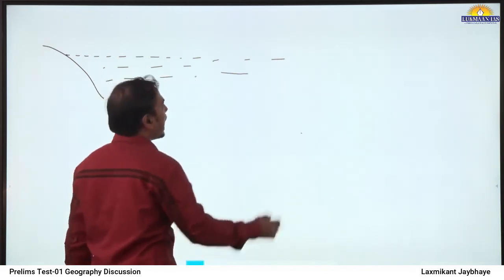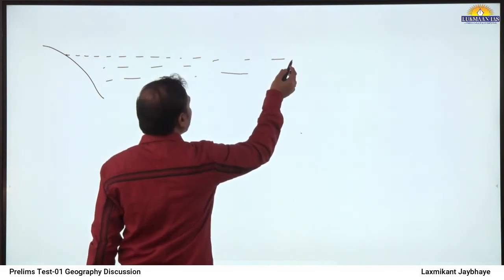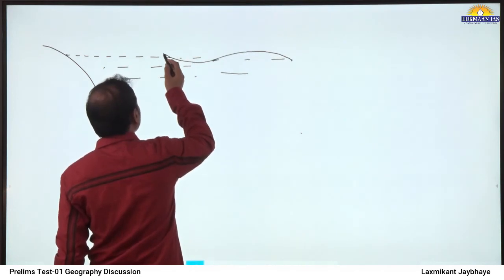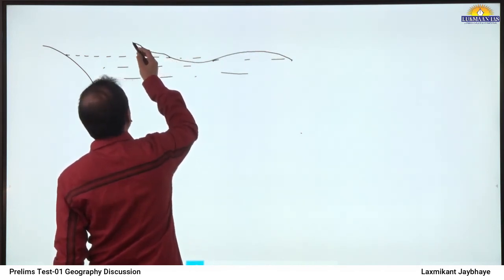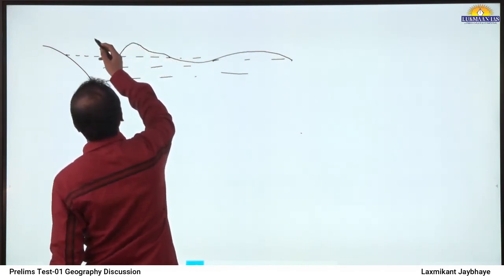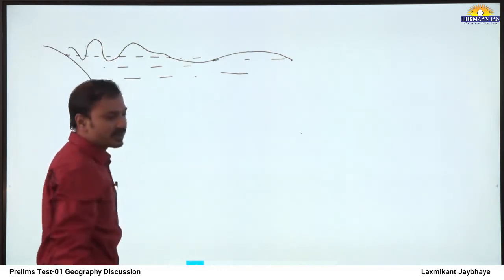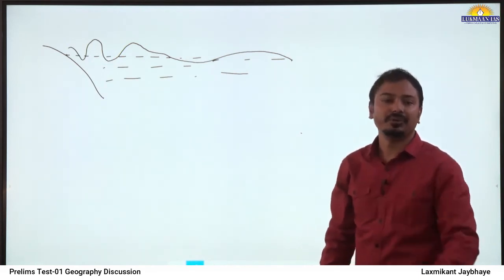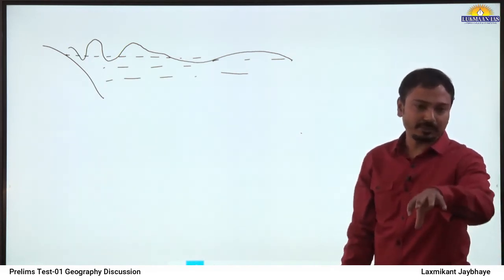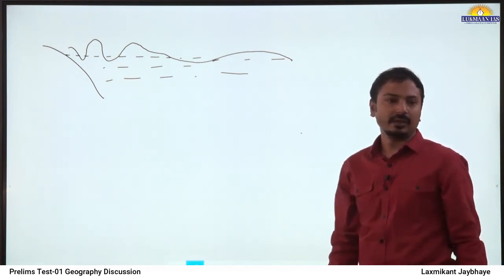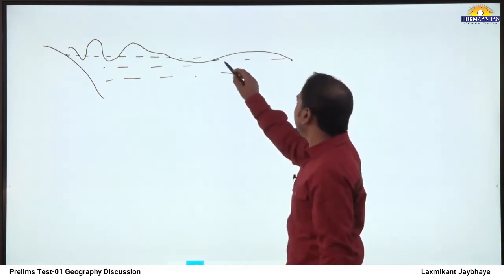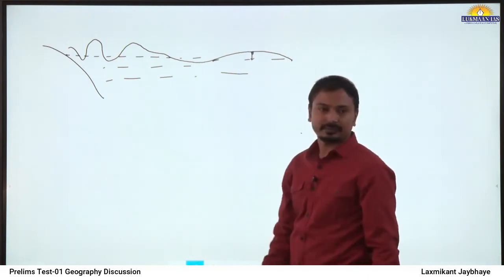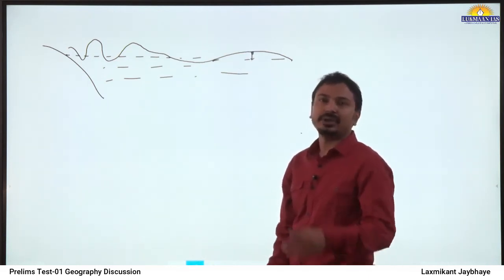What happens is these waves deep inside have very low amplitude, and their amplitude goes on increasing when they reach near the coastal surface. This is how tsunami waves progress from deep oceans to the coastal area. In deep oceans, the amplitude, you can see, this is the amplitude. Okay, so amplitude is very less.